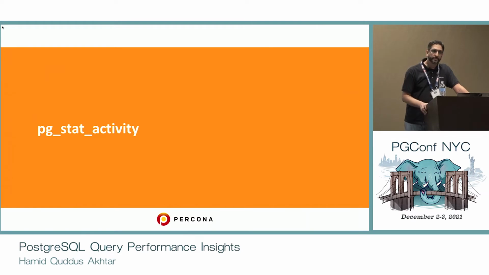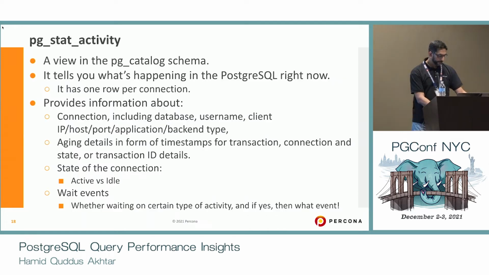pg_stat_activity is available; you don't have to do anything in Postgres. The moment you have your Postgres set up and running, you can query this view. It's part of the catalog schema. Activity, as you can guess, is telling us what's happening currently within the Postgres server. What are the backends or the clients that are connected to it?